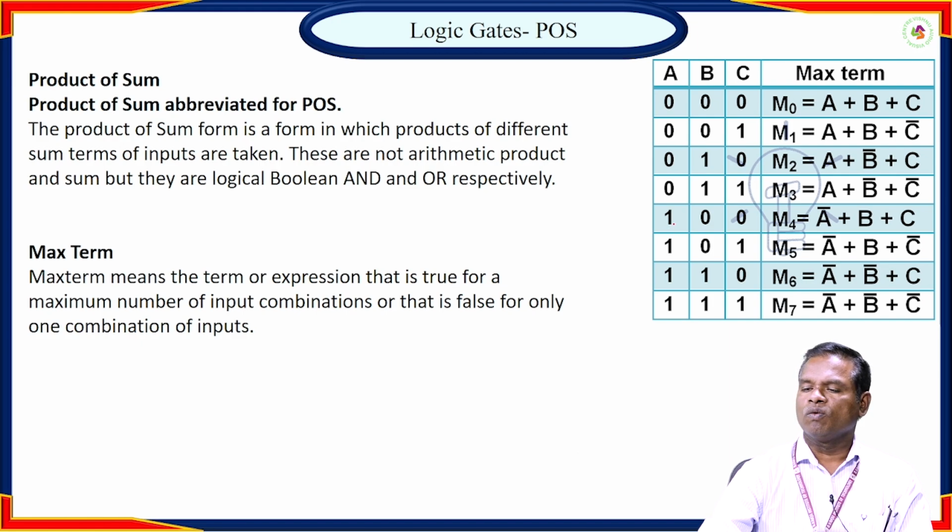So that's why 100 is written as a bar or b or c. Like that are the remaining terms.